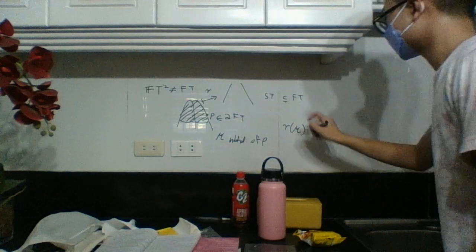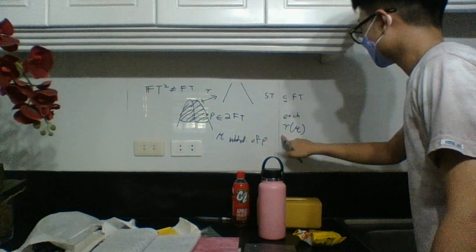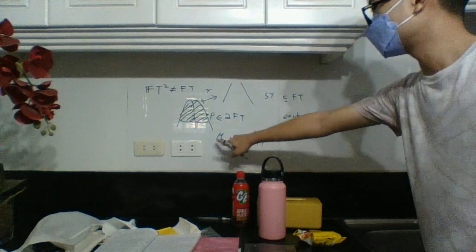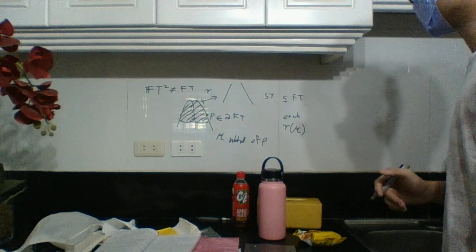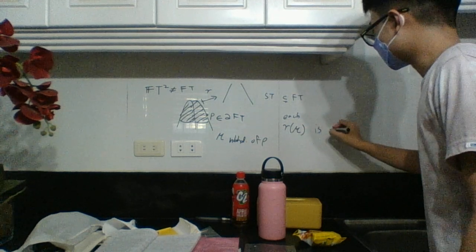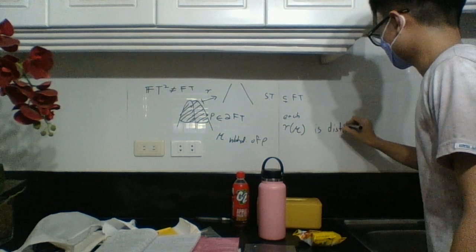it's distinct. So each image of every element in mu, which is a neighborhood of rho, is distinct. I would call the image R of rho_i, where I is the index set.